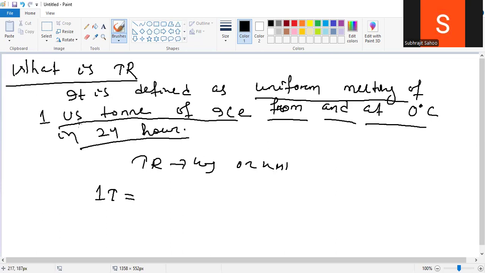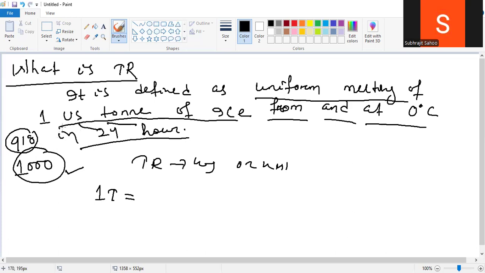Sir, what is this 1 US ton? Generally in India, 1 ton value is 1,000 kg. But in the US ton, this is not exactly 1,000. This is 900 something, I think 918, like this value will come. In India 1 ton is 1,000, but in the US it is not.